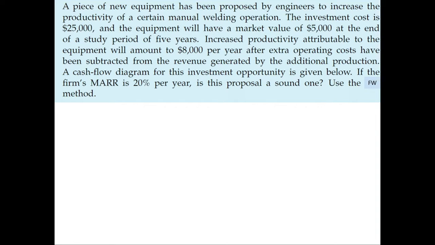Just to remind you what this problem is: a piece of new equipment has been proposed by engineers to increase the productivity of a certain manual welding operation. We're going to decide if we want to buy this new equipment or not. The investment cost is $25,000 at present to buy this equipment.